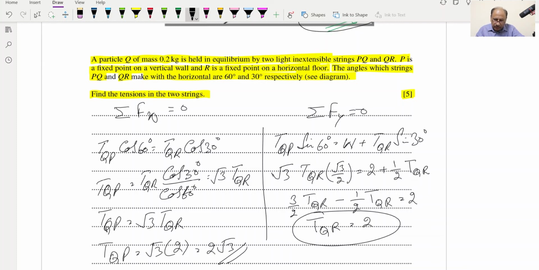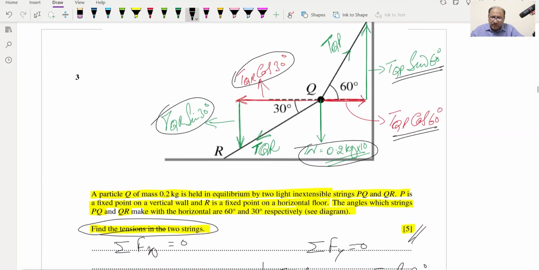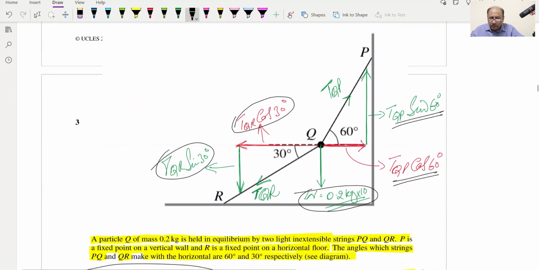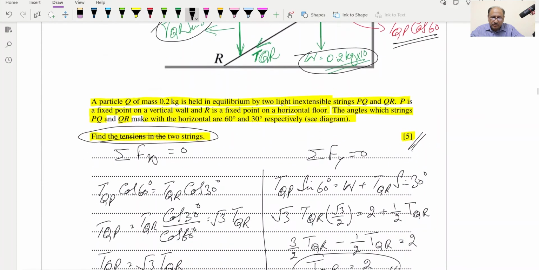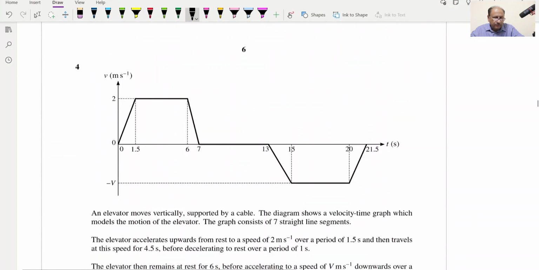Both tensions we found; they asked to find the tensions in the two strings. Hopefully you understood this. This was a 5-mark question. It will be very nice if you draw a drawing properly and resolve the forces, understanding the upward and downward forces and rightward and leftward forces.